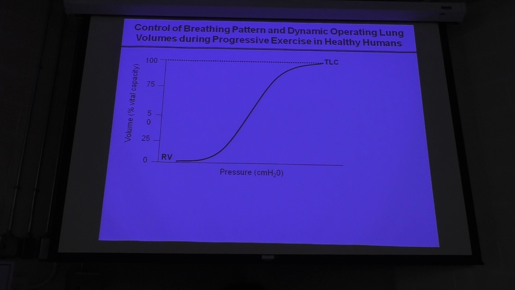So if we come back to the pressure volume curve, at rest we have a tidal volume that looks like this. And then tidal volume during exercise, as I showed you previously, will actually expand by decreasing from rest the end expiratory lung volume and increasing from rest the end inspiratory lung volume.